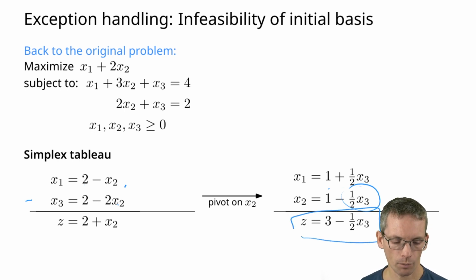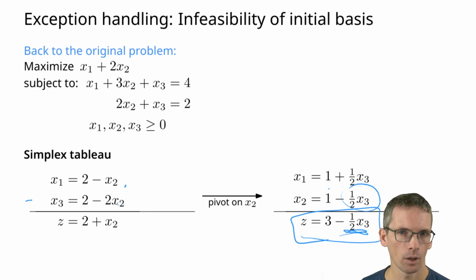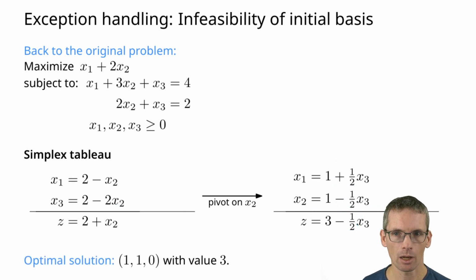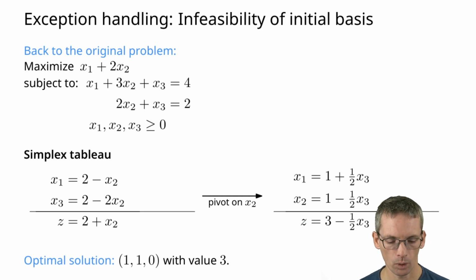That has the following form. Now all the non-basic variables show up negatively in the objective function, so we know we have an optimal solution, and the optimal solution, so we set x3 to 0, and then we get 1, 1, 0 as optimal solution with an objective value of 3.